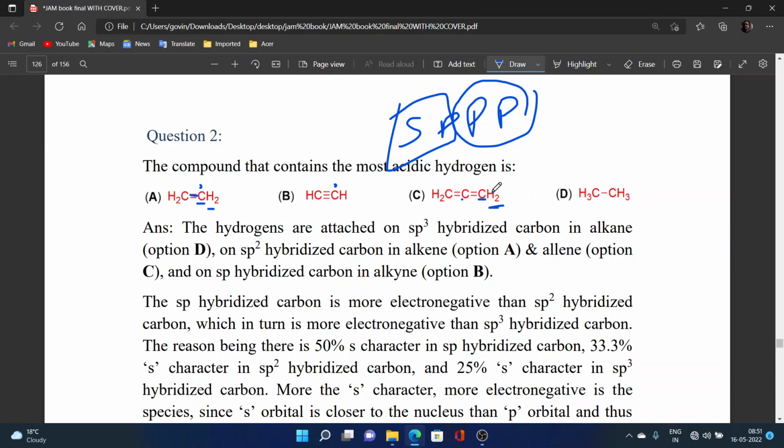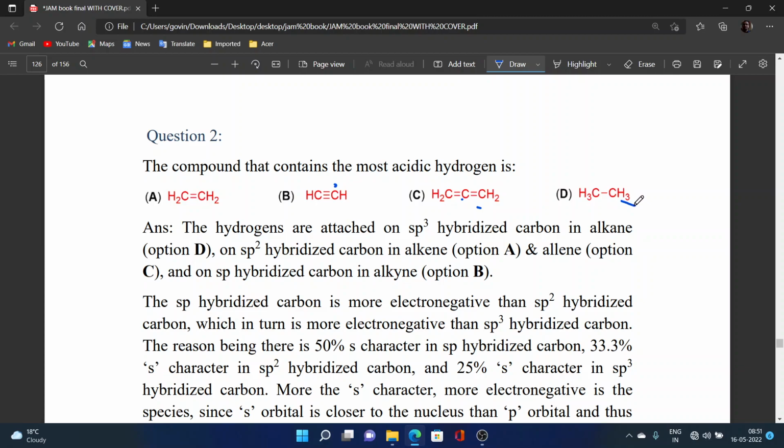So this proton on molecule C and this proton on molecule A, both of them will have very similar acidity, though the first molecule is an alkene and molecule C is an allene. In an allene, the central carbon has two pi bonds, one on either side, right. And then this is an alkane, so this proton is sp3 hybridized.